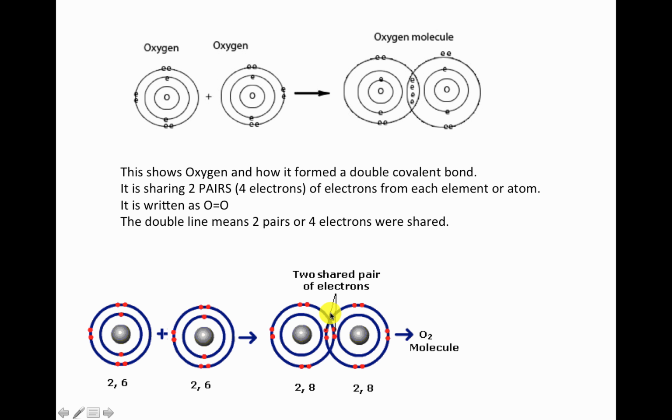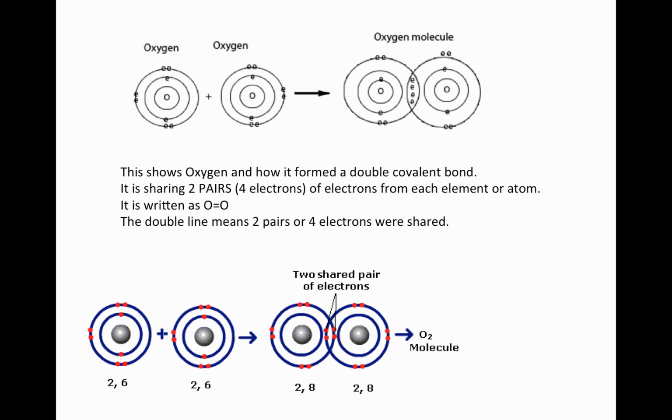And here you see O2 is a molecule, that means there's 2 oxygens bonded together in a covalent bond. It's not a polar covalent bond. It is a double covalent bond.